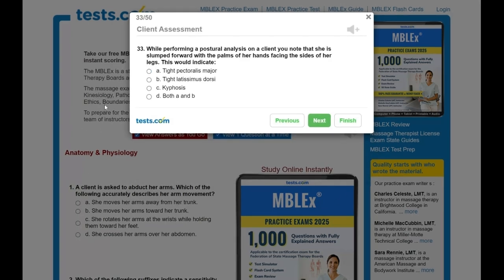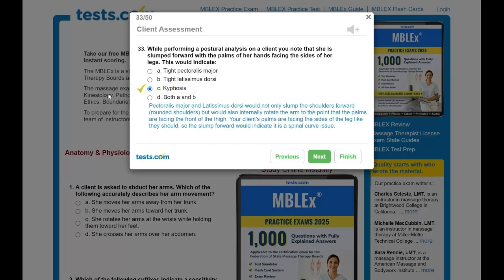Question 33. While performing a postural analysis on a client, you note that she is slumped forward with the palms of her hands facing the sides of her legs. This would indicate A. Tight pectoralis major, B. Tight latissimus dorsi, C. Kyphosis, D. Both A and B. C. Kyphosis.